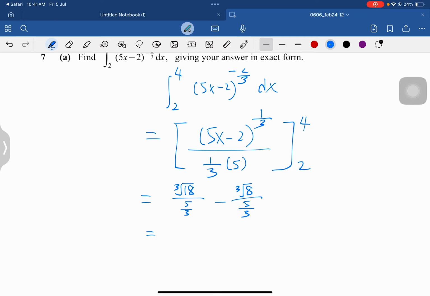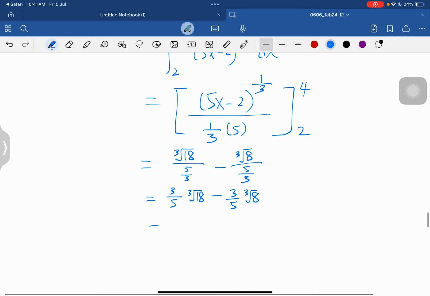In proper fraction, we actually turn upside down, 3 over 5 cube root 18 minus 3 over 5 cube root 8.